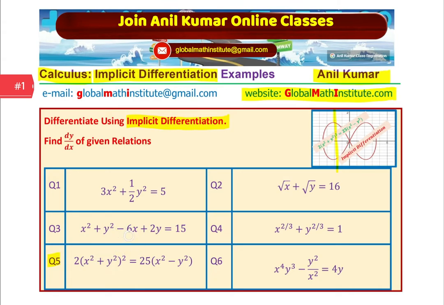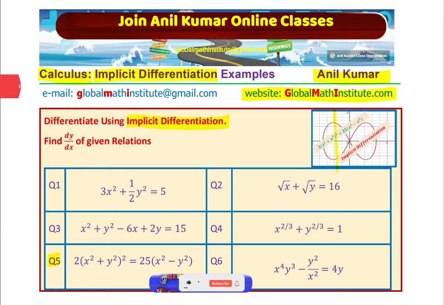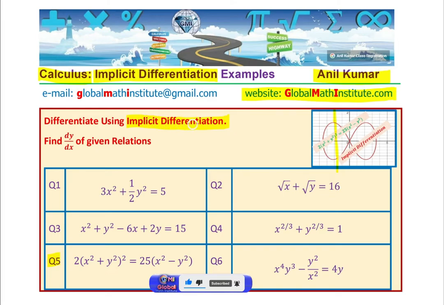And for many of these, it is very difficult to isolate y. Clearly, for some you can easily isolate y, but for others it is difficult. And therefore, implicit differentiation is a great way of finding derivatives of equations where isolating a variable, making it the subject, is not important, right?